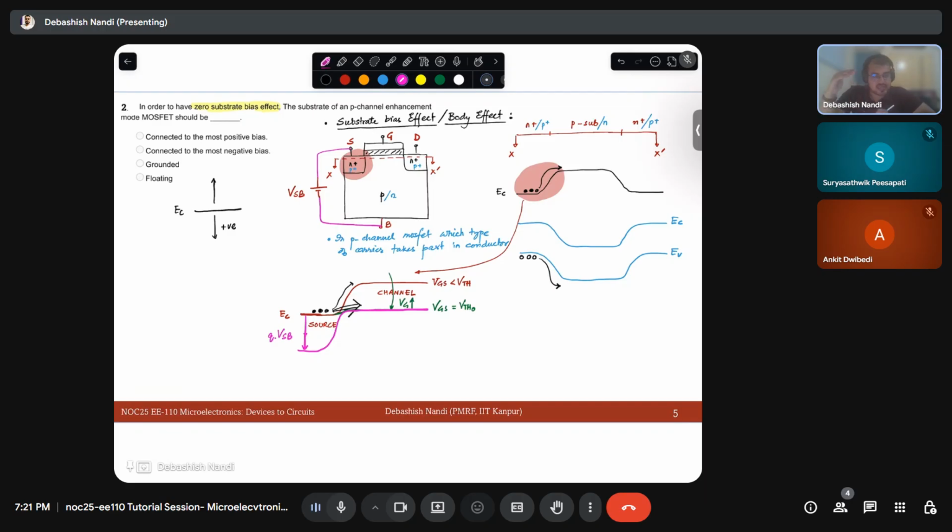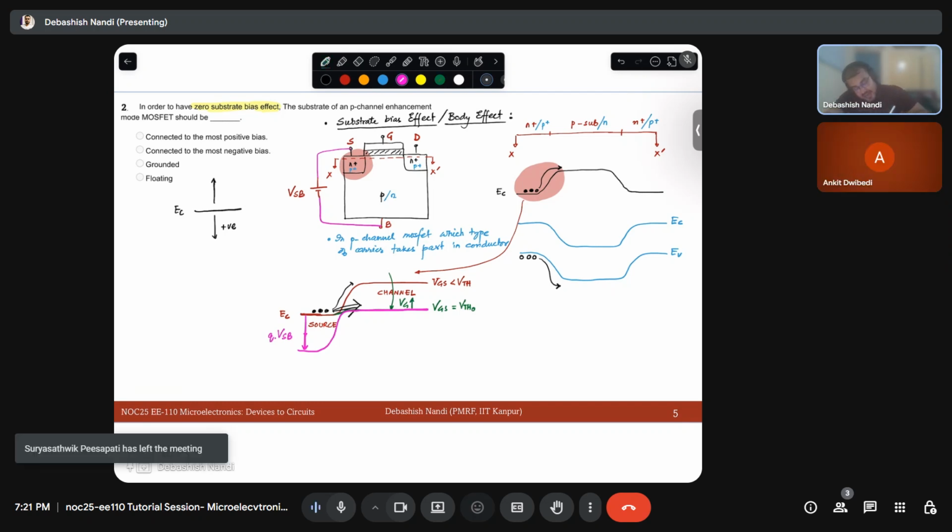So all the electron energy will reduce. Now you see, even at VGS equal to VTH, what should I have? I should have this. So most of the carriers were flowing. Now if I apply positive voltage at the source, what am I seeing? I am again seeing that my carriers see a potential barrier. Okay.